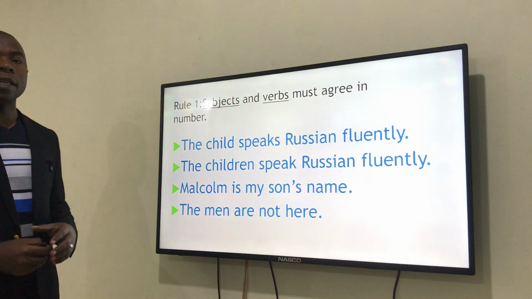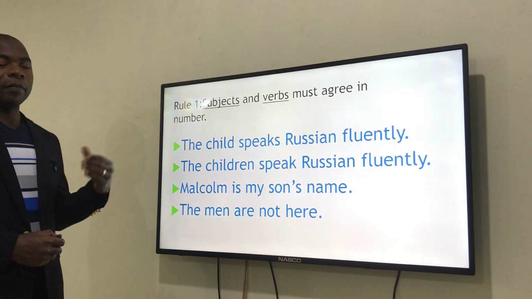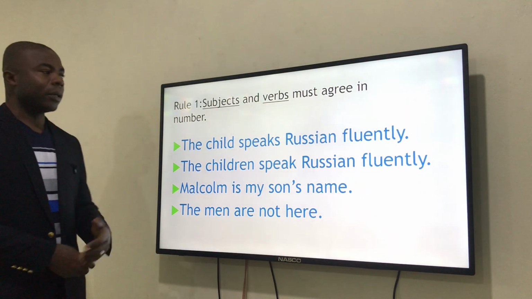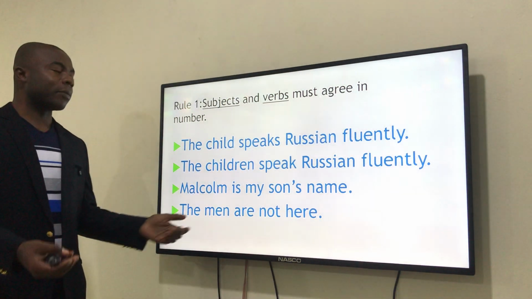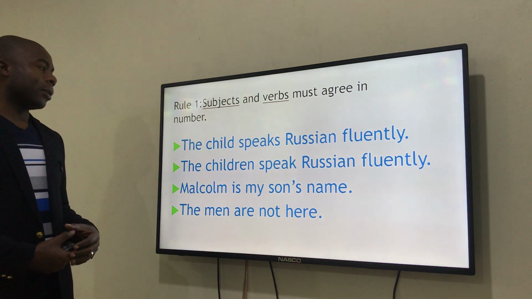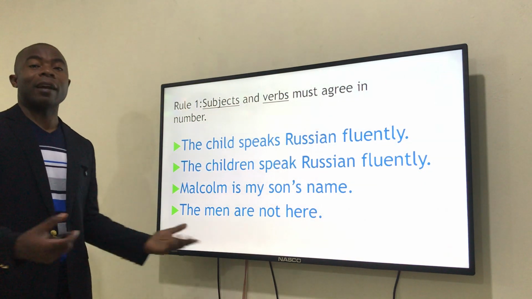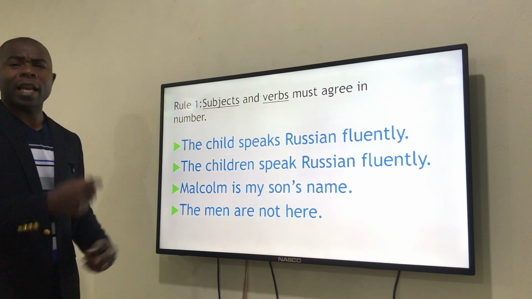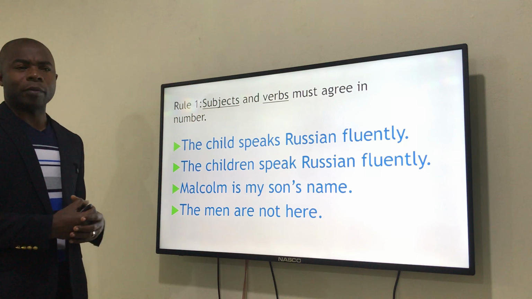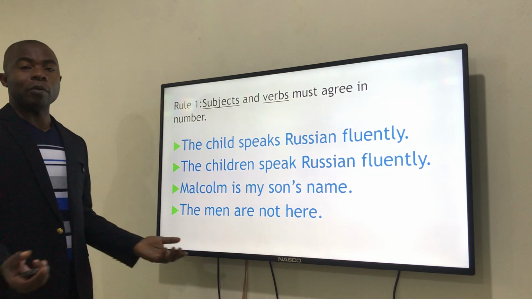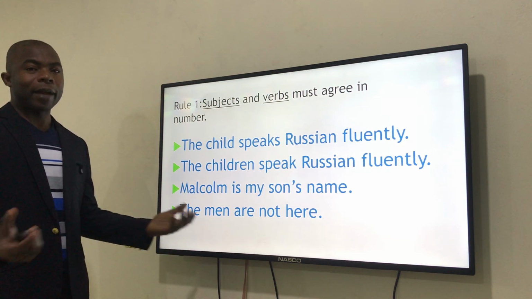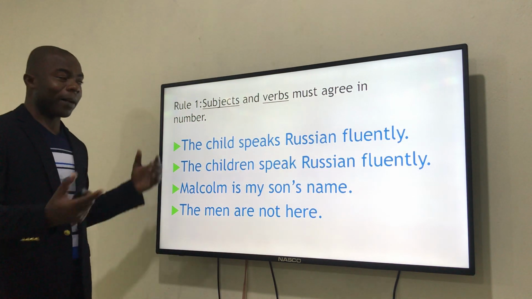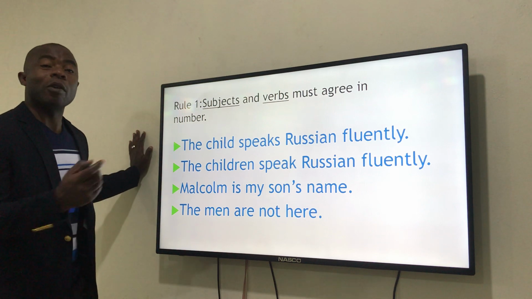In English, interestingly, if the verb is singular, particularly in the present tense, that's where subject-verb agreement usually takes place. It's the present tense. The verb, interestingly, in the singular carries S. If it is not singular, it doesn't carry an S. Unlike nouns, the regular nouns carry S if they are plural. If they are singular, they don't carry S. But for the verb, it's the direct opposite. Singular verbs carry S, plural ones do not.